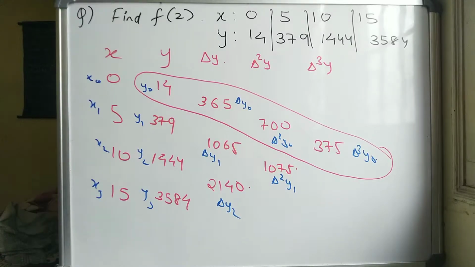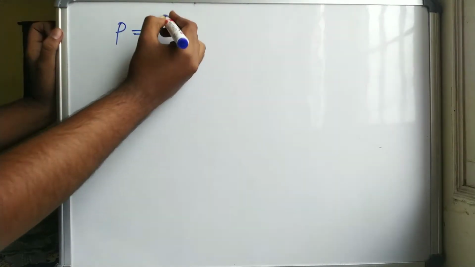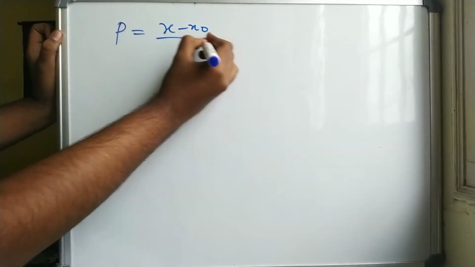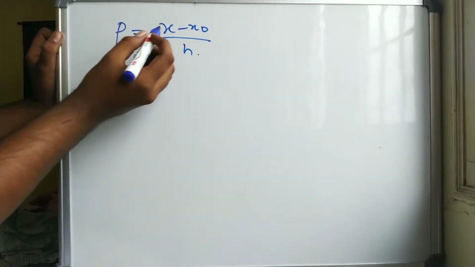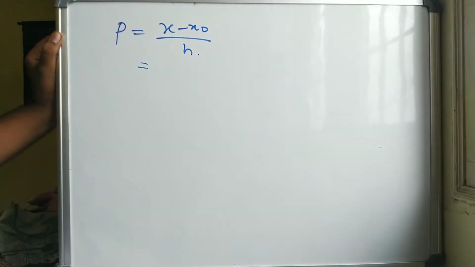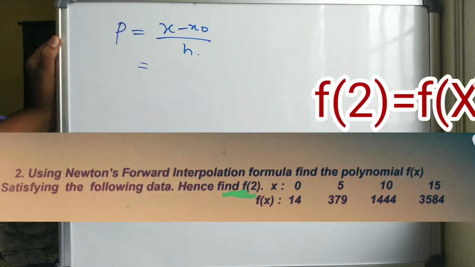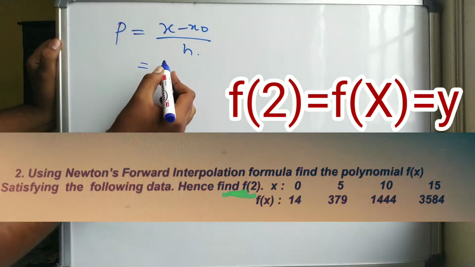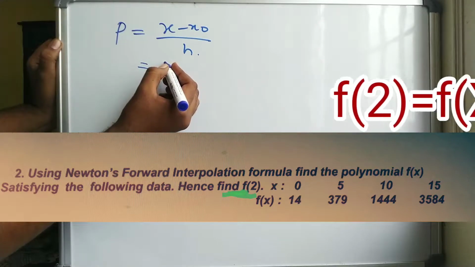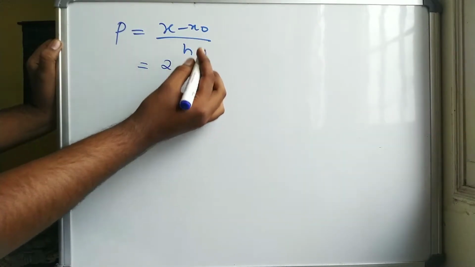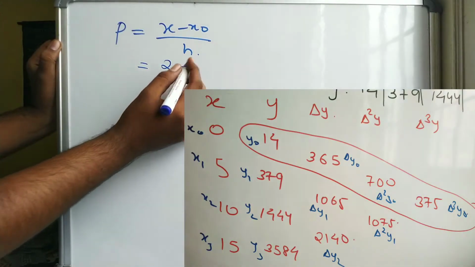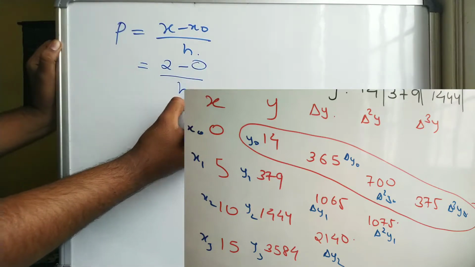Next you have to substitute into the formula. Before that you need to find the value of p. P is nothing but x minus x0 by h. Since the value of x is given, we can directly substitute it: 2 minus x0, where x0 is 0, by h.